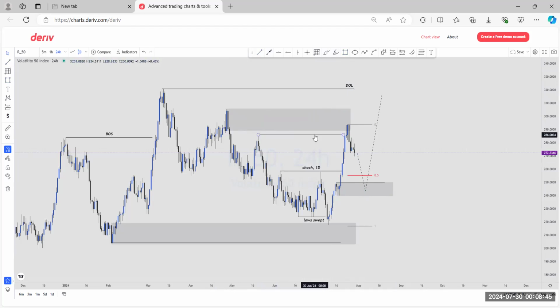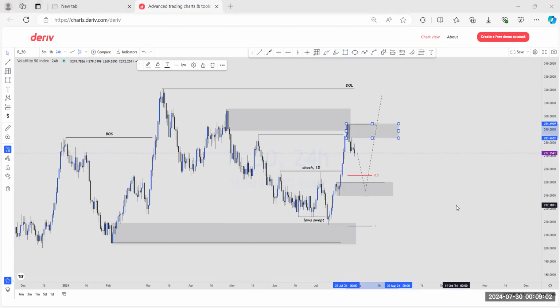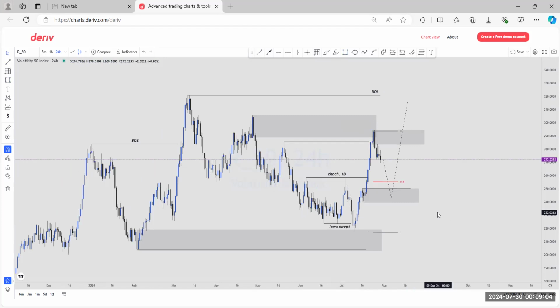All right, so this was liquidity which price has swept, tapped into the order block, and price is giving us a retracement. So if you want to join the sell, you can use this last up close candle as your order block, wait for price to retrace into it, and then you join the sell to the downside.